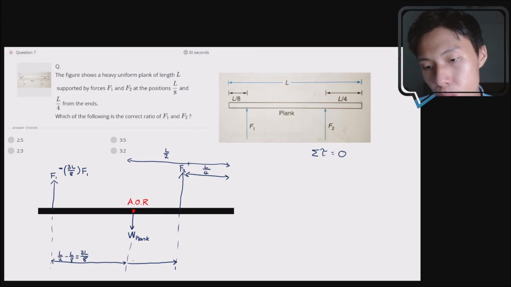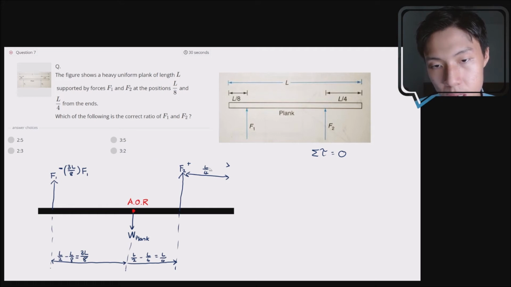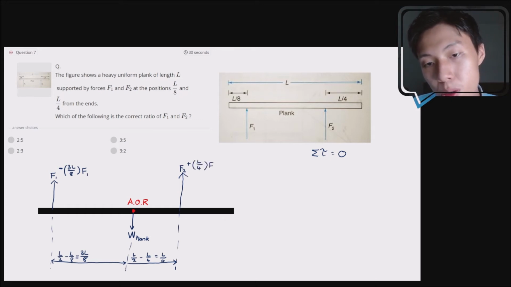So L over 2 minus L over 4, you get L over 4. So with that said, you should substitute for R as L over 4, and the force perpendicular will be F2.